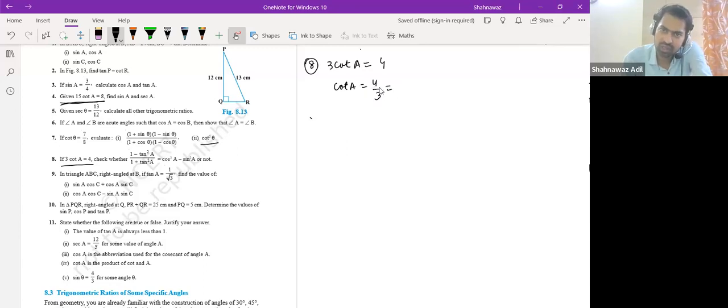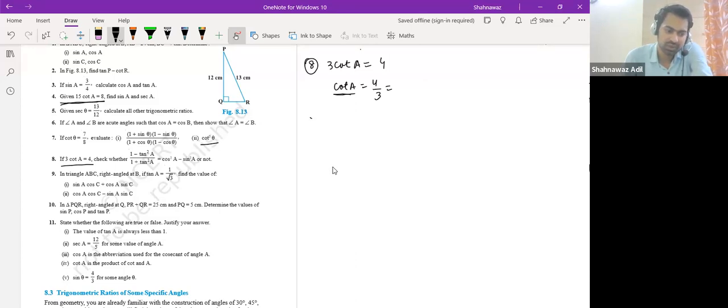And what is cot theta in terms of perpendicular, base and hypotenuse? If you remember that tan theta is P by B, so what should be cot theta?